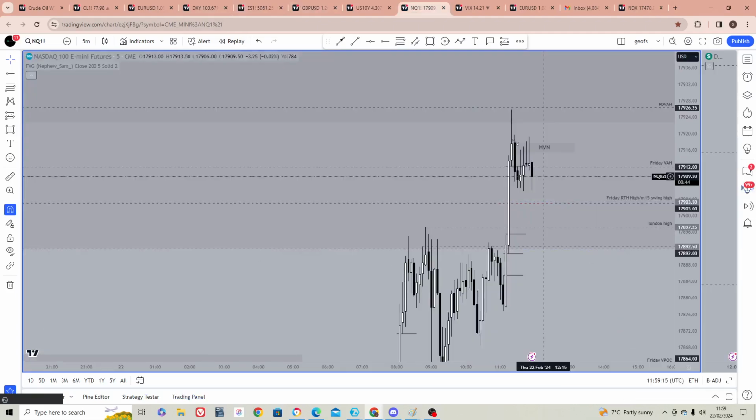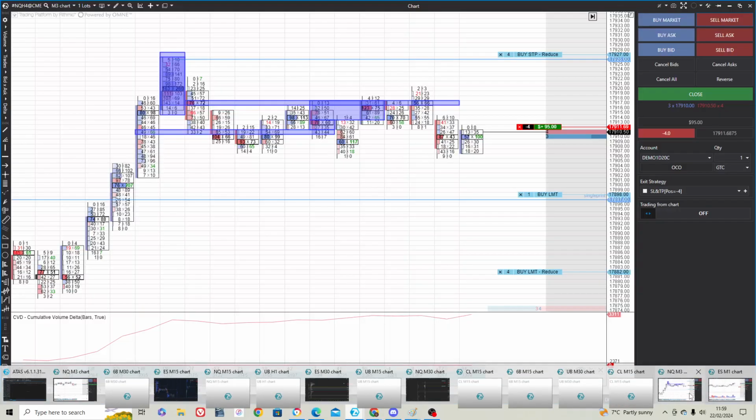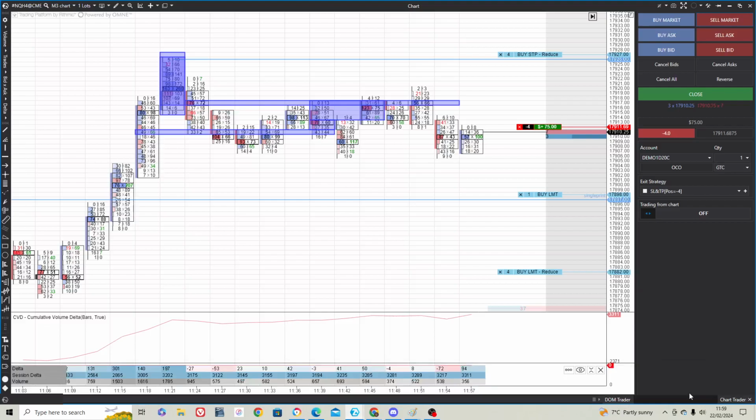NQ is starting to drop. You see buyers are really trying to have a go.